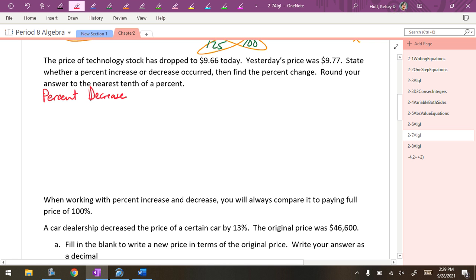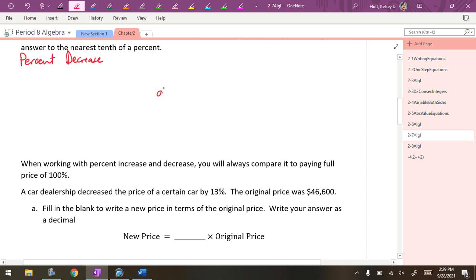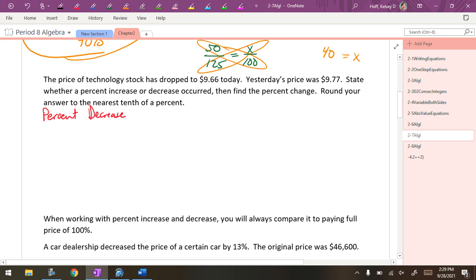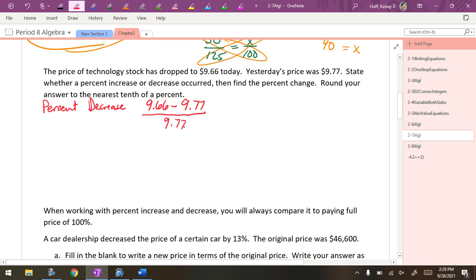What is my new price? Say it again. 9.66. The original price? 9.77, divided by the original price, 9.77, equals x out of 100.